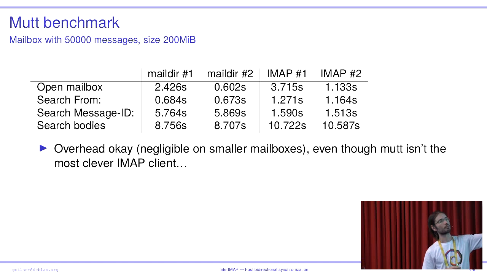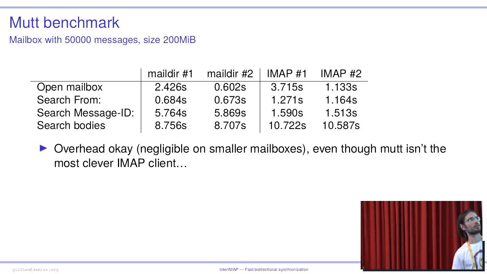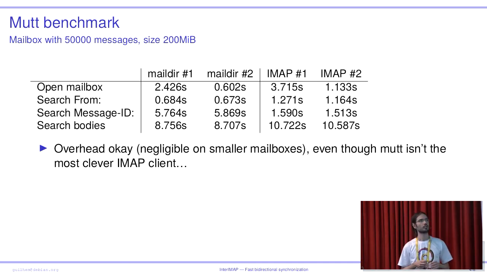The second lookup is a lot faster than the first one thanks to caching, either by Mutt or by Dovecot. Dovecot is slightly slower, except for the search by message ID, I guess because Mutt does not index that.